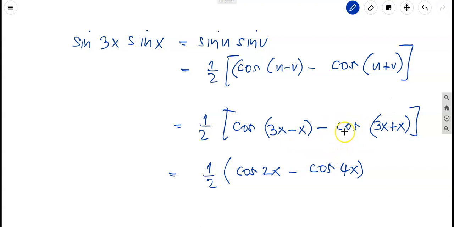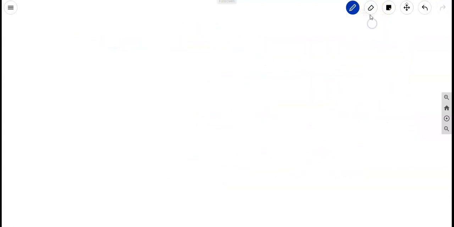So the next one we will have now is the sum to product formulas. So what are the formulas for sum to product? First we will have sine. So these are the sum to product formulas.